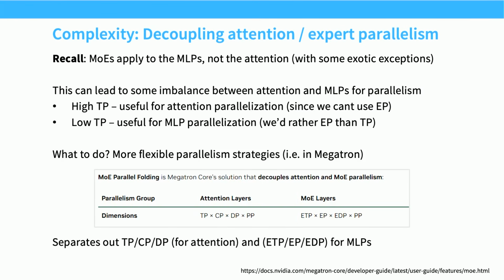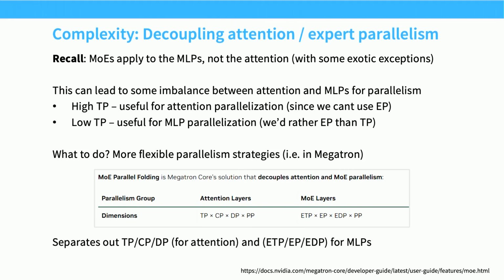But because of these complexities, there is one interesting systems fact that I'll tell you about before I stop talking about EP. Remember, MoEs only change the MLPs. They don't change the attention at all. So because we're cutting up the MLPs but not the attention, expert parallelism applies unevenly to the model. When I parallelize at the expert level, I'm parallelizing the MLPs, but not the attention.